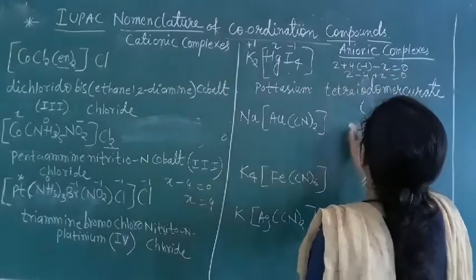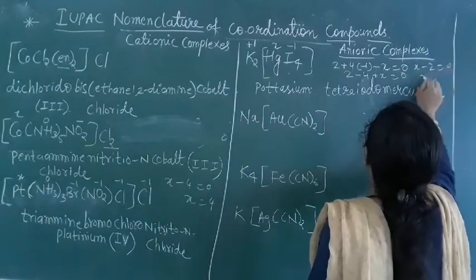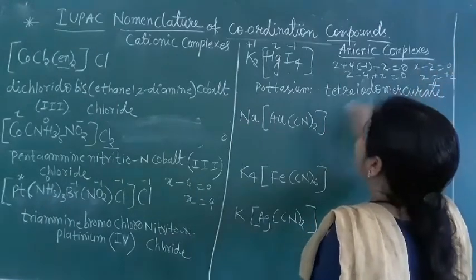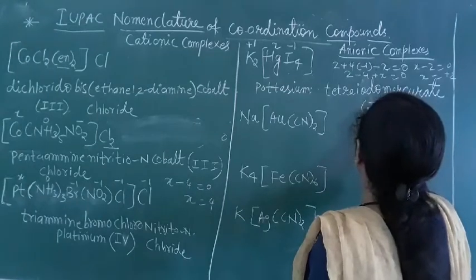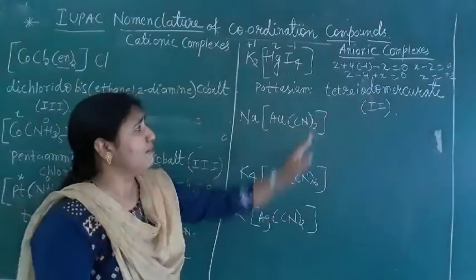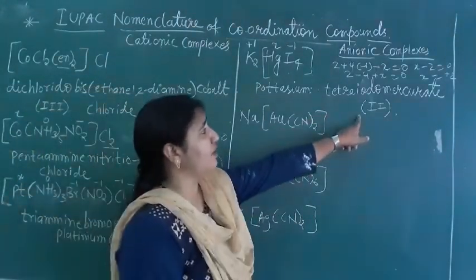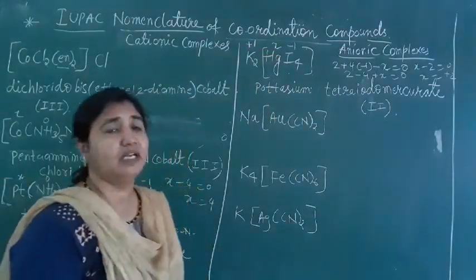So X minus 2 is equal to 0, so X will be plus 2. So the oxidation number came as 2. So just write 2. You have to calculate and write the oxidation number of the metal.